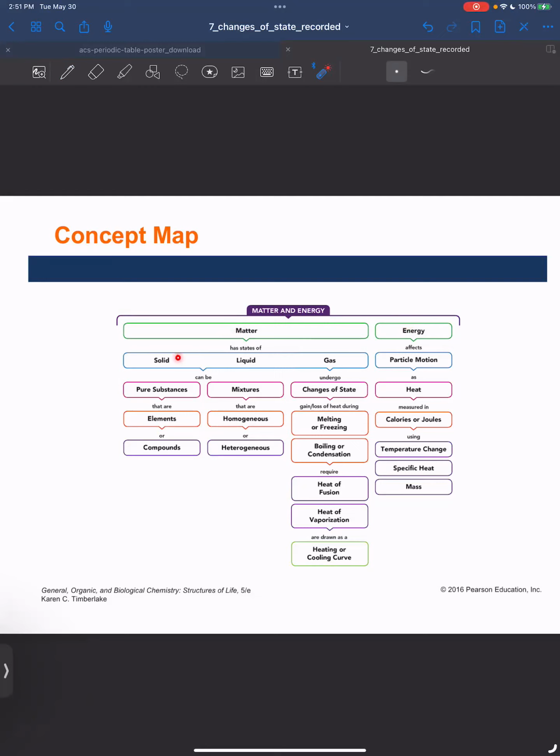We studied extensively the different states of matter, solid, liquid, and gas, and understand their definitions. We were able to identify the difference between pure substances and mixtures, and within pure substances, what's an element versus a compound. For mixtures, we are able to identify what's a homogeneous versus a heterogeneous mixture.